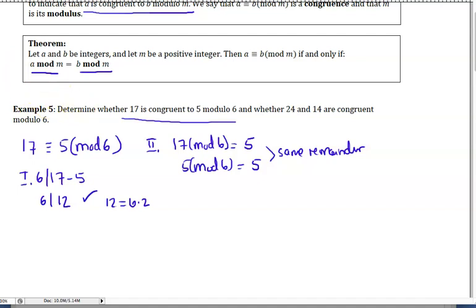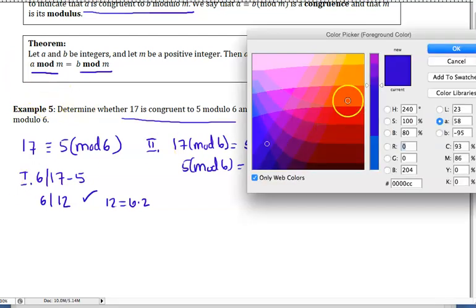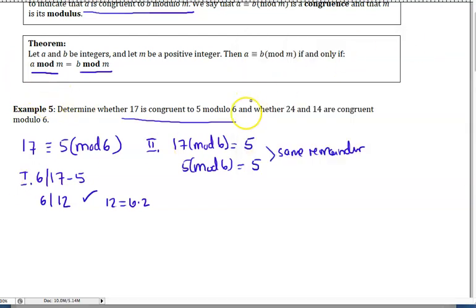Now let's look at the second problem there. The second problem says, are 24 and 14 congruent modulo 6? And so again, we can do it two ways. First is to check to see if 6 divides the difference between the two. And you can say that that's a no, because 6 does not divide 10.